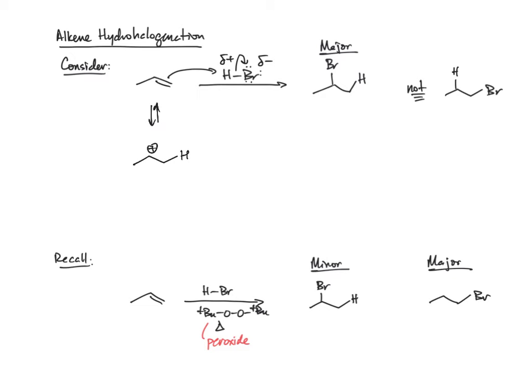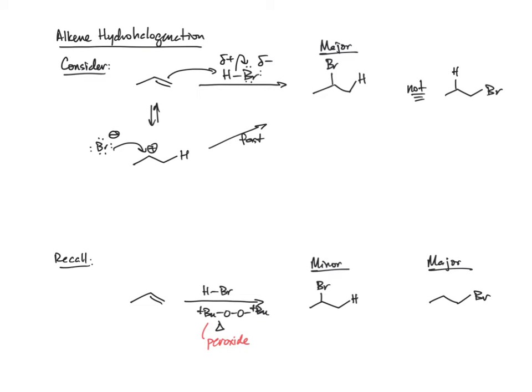So we've added our hydrogen. Now we're going to add the Br minus. Again, notice plus, minus, we're balancing out the charge. Nucleophile, electrophile. At this point, this is a fast step.